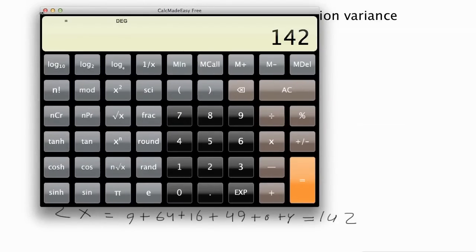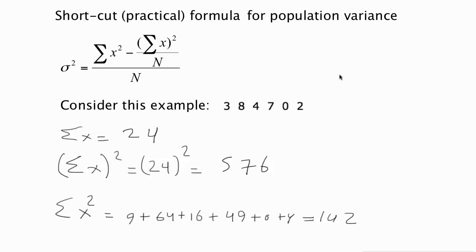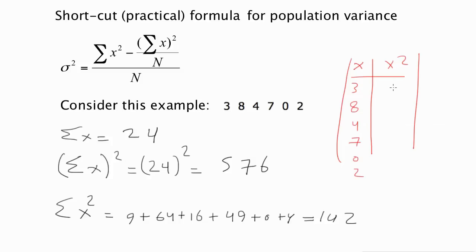Some people just use a calculator for that, and some people like to have a table for that as well. So instead of doing this, they can just use a table. They put the x's here, and they put the x squared here, and then they get the sum at the end. So they write the values here: 3, 8, 4, 7, and then 0, and then 2, and then square each value.